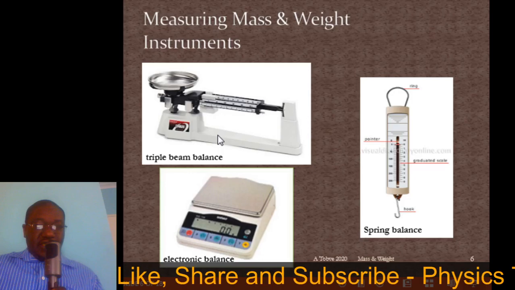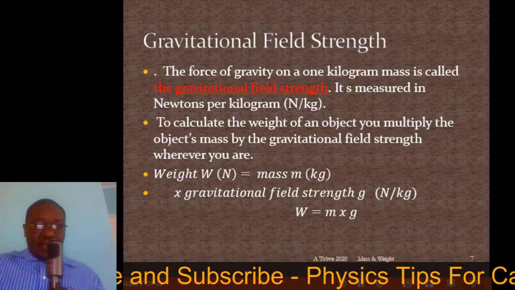Then we are going to talk about gravitational field strength. Gravitational field strength is the force of gravity divided by the unit mass that is acting at a particular point. The force of gravity on a 1 kilogram mass, that is, and it is measured in newtons per kg.